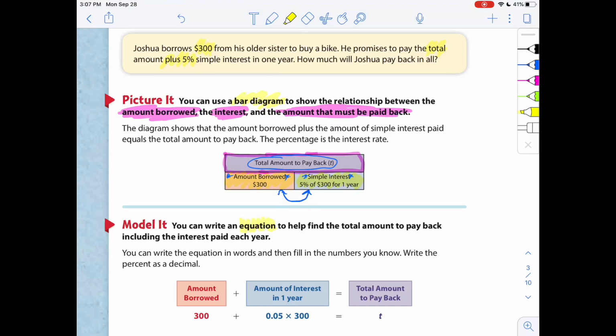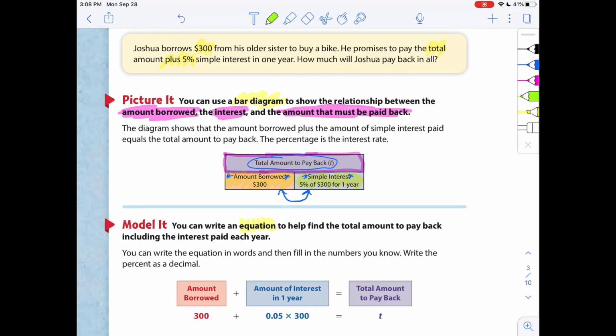So you can see, similar to the bar diagram above, the amount borrowed and the amount of interest added together gives you the total amount he's going to pay back. Just like with that bar diagram, the amount borrowed and the simple interest added together gave us that total bar going all the way across.